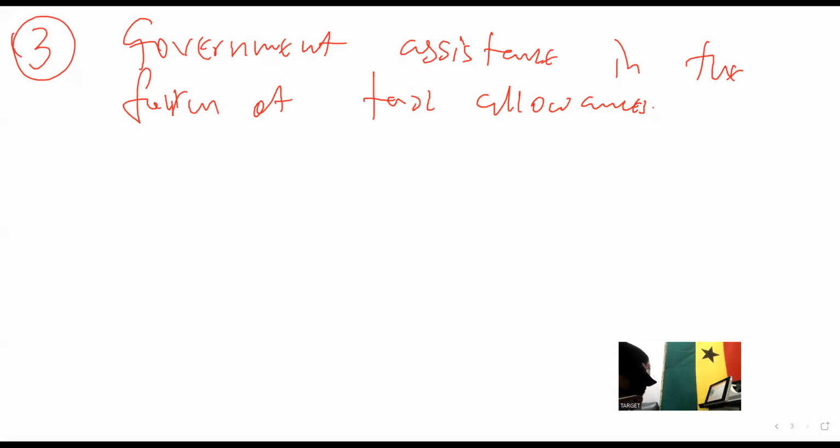Now, let me define certain terms for you. They are very important. You must know how to define 3 things. Let's first define government.